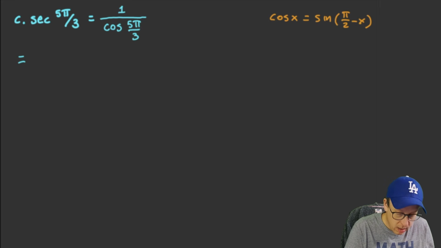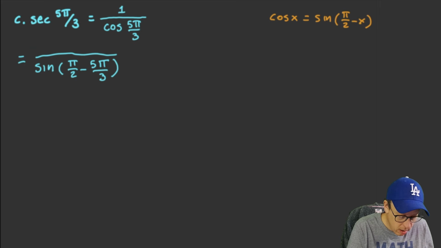And then using our rule, we can say sine of pi over 2 minus 5 pi over 3. Like that. Straight line. There we are.